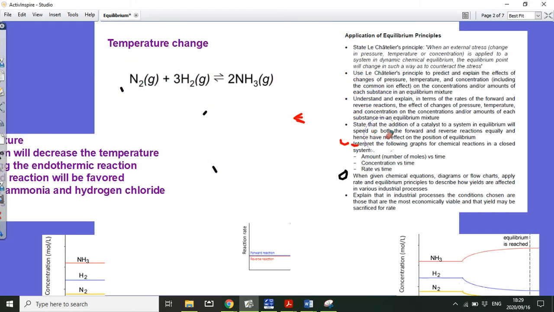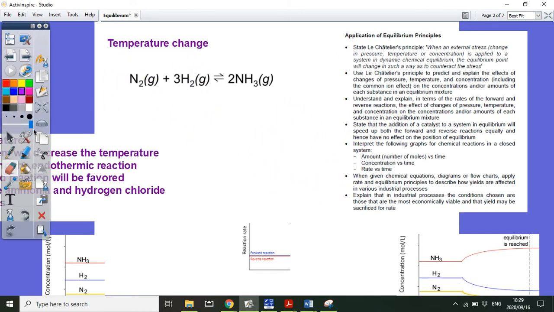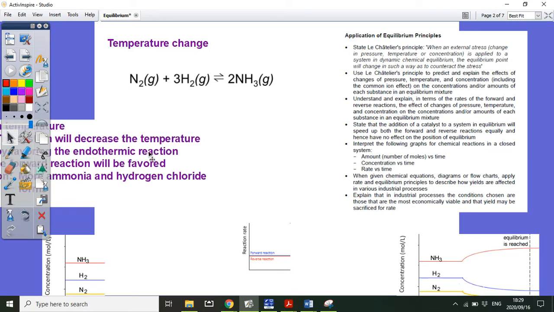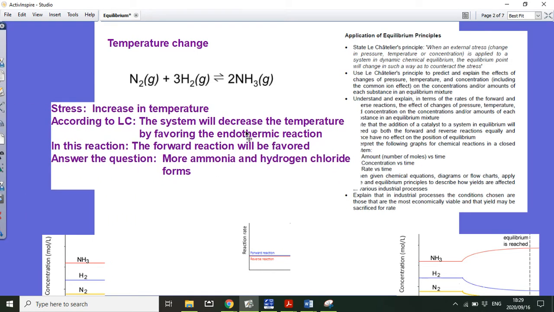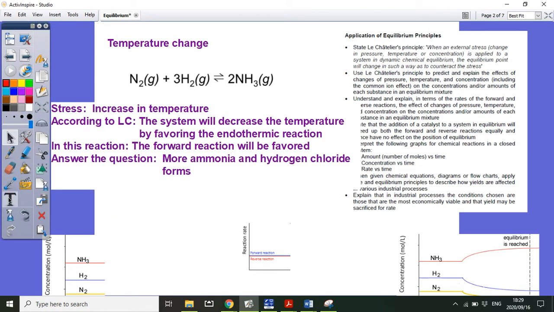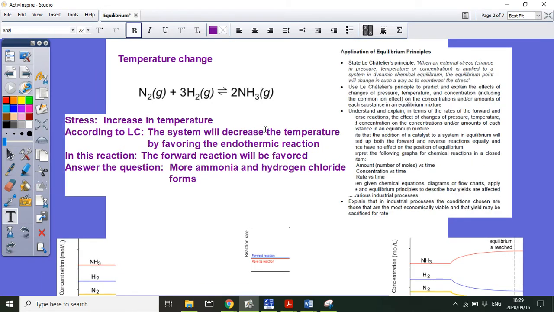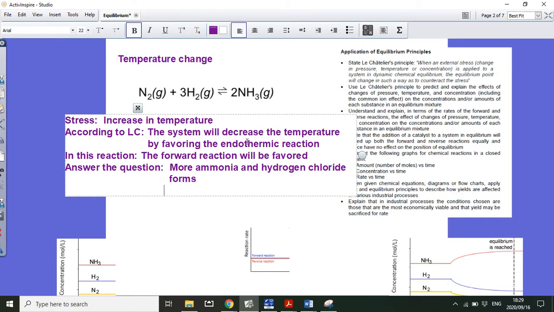So the answers that I typed here were for a previous question, but I'm just going to quickly adjust it. So if we look at this one, if we have an increase in temperature here, the system will decrease the temperature, yes, by favoring the endothermic reaction.